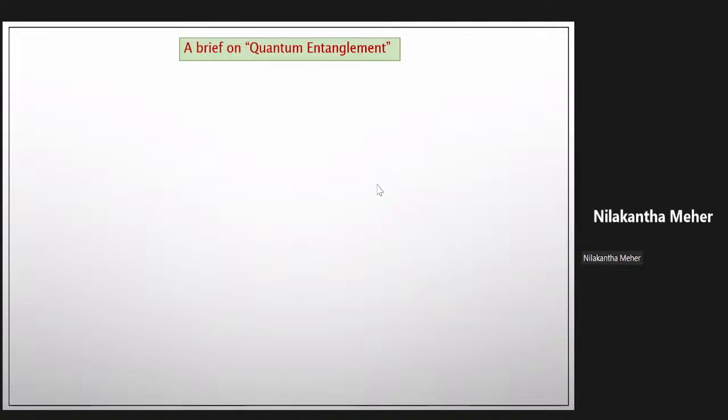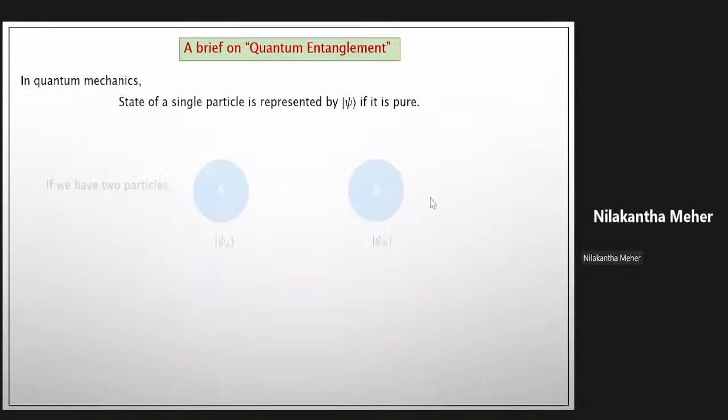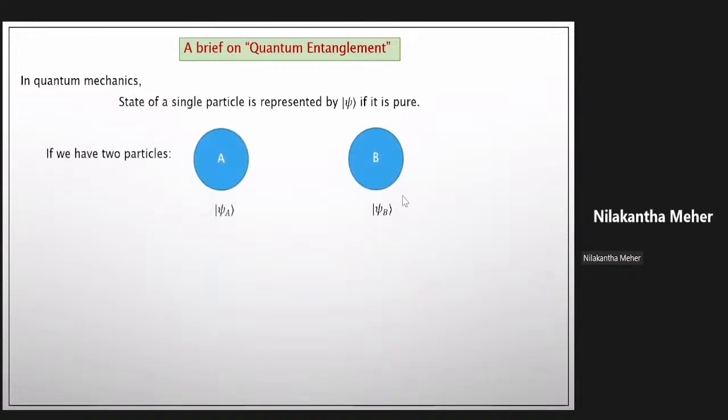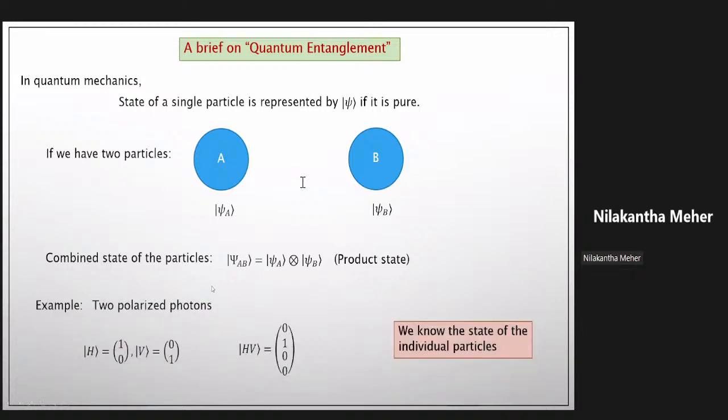So let me say a brief on quantum entanglement. We know in quantum mechanics, the state of a single particle is represented by a state vector psi, if it is pure. If there are two particles, suppose they are in the states psi A and psi B, then the combined state you can write as the tensor product of psi A and psi B. And this is called a product state. Let me give an example.